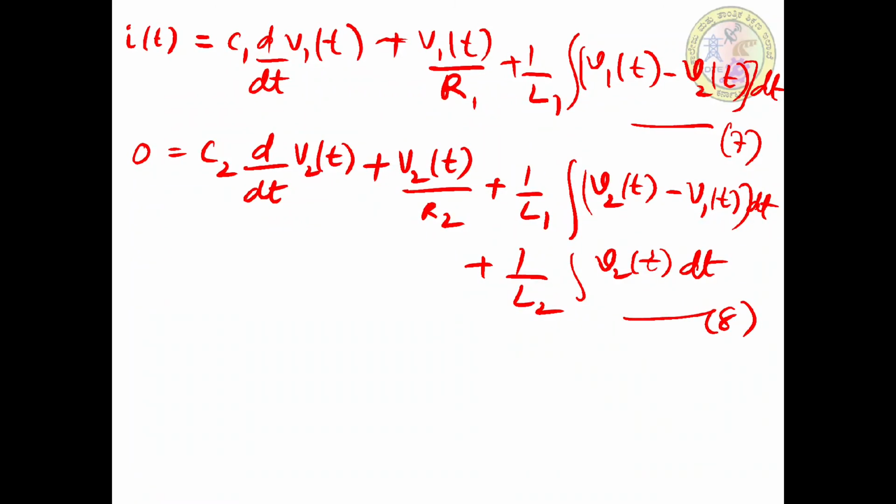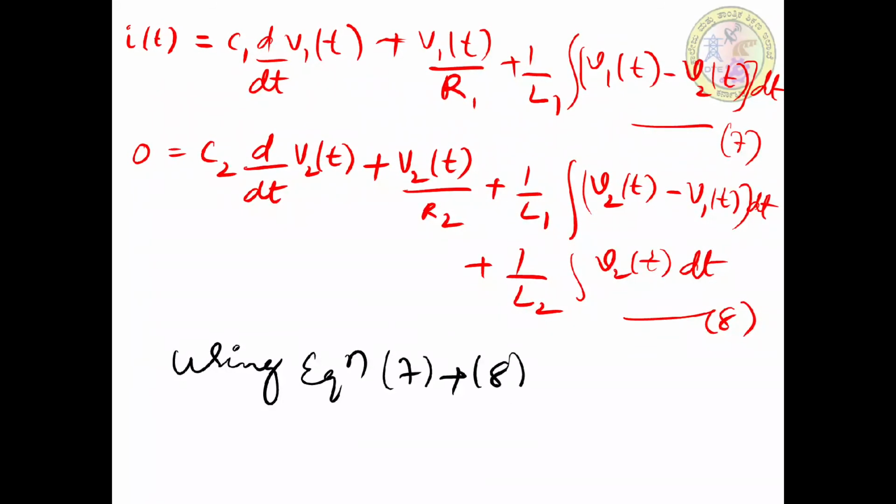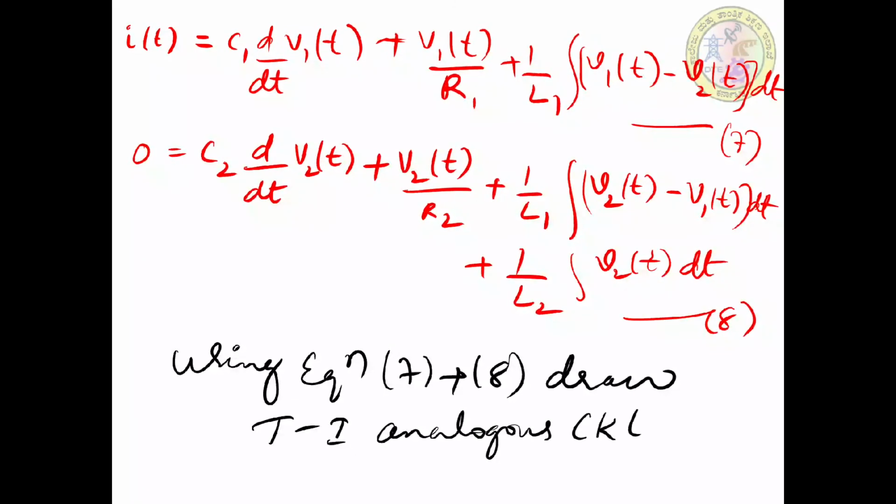Now using equations 7 and 8 we will draw the torque current analogous circuit. We have to write on a nodal basis, so there will be two nodes, V1 and V2.